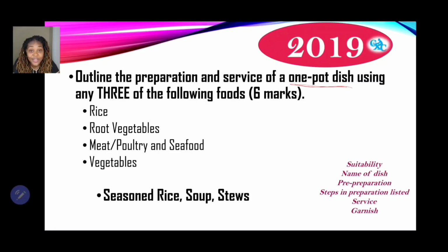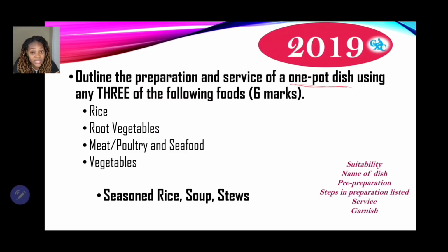None of that. So one pot, guys, as I said before, means all your ingredients, all the food items, all the components that you're going to use. So you're required to use 3. All the ingredients that you prepare in your dish must be cooked in a single pot. Let's get that clear.